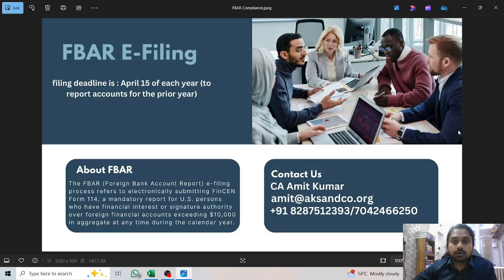If you have an account which has a balance of more than 10,000, in that case you have to report it to the US government, right? And there is a portal where you have to fill in your form 114.